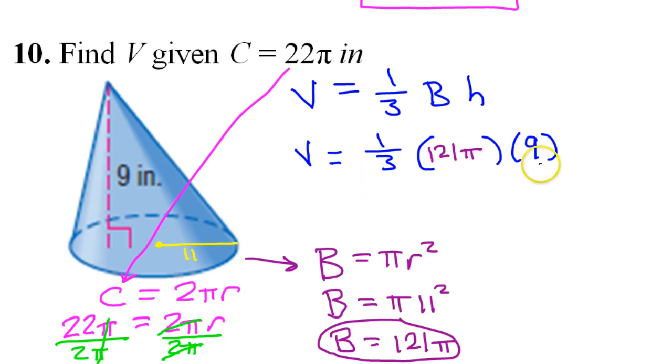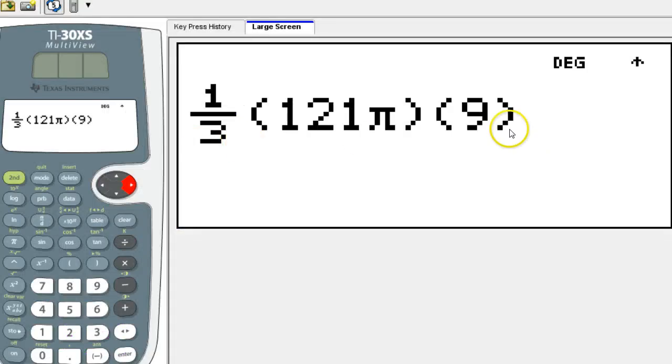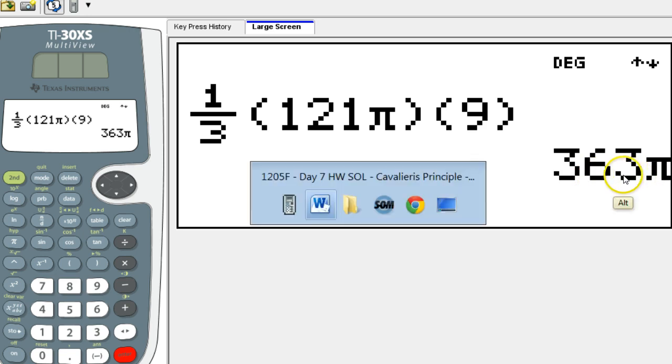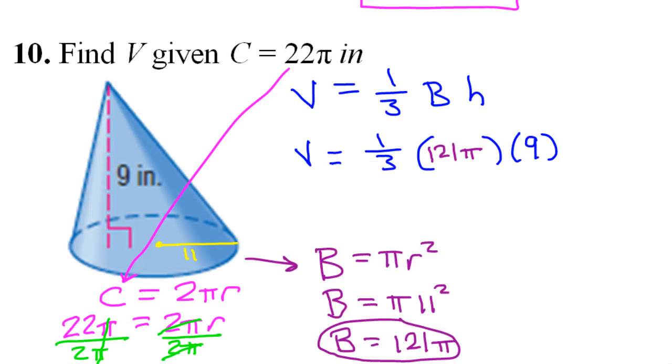Alright, so now we can go ahead and calculate the volume. 1/3 times 121 pi times 9. I'm going to put this in my calculator. Here it is in the calculator. So as an exact answer, I would have 363 pi. Okay, so the volume is equal to 363 pi.